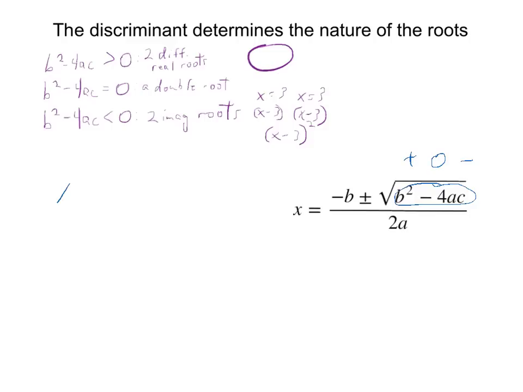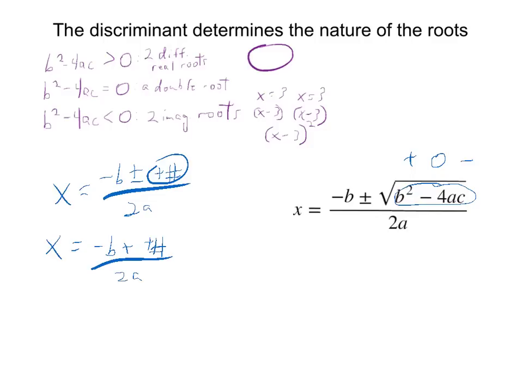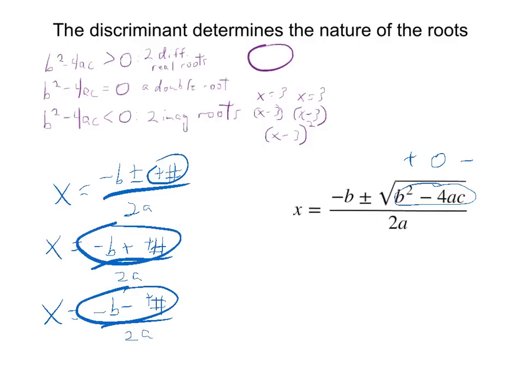Well, if we get x equals negative b, plus or minus this positive number, all over 2a, that means we have x equals negative b plus some positive number over 2a, and x equals negative b minus that positive number over 2a. When you add and subtract the same number from a different number, you get two different numbers. You get two different real roots.